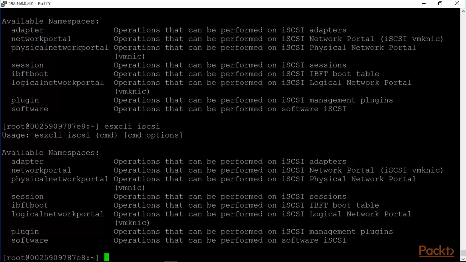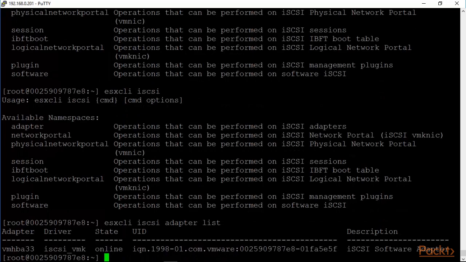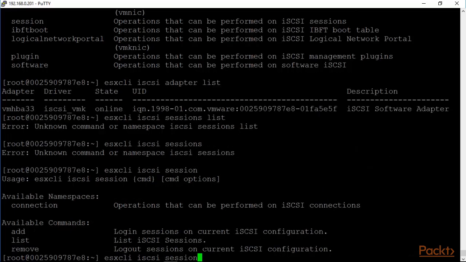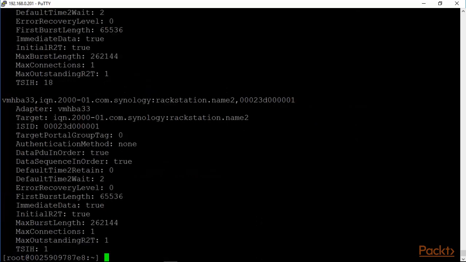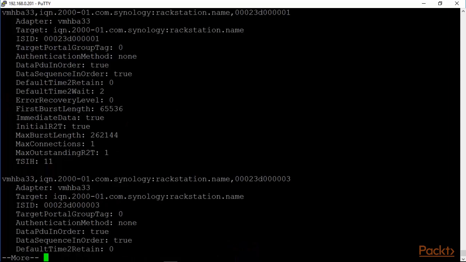We can look at the iSCSI adapter list. I would assume adapter list, and there's just that one adapter with the iSCSI VMK driver and the UID which we saw before. For esxcli iscsi session list, we have all these sessions which we can pipe to more.